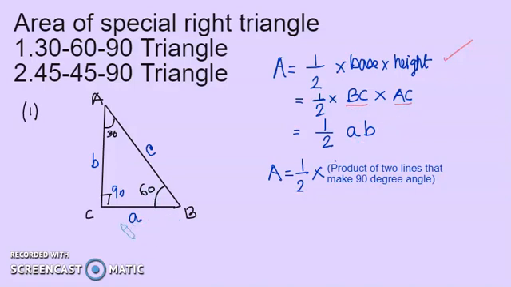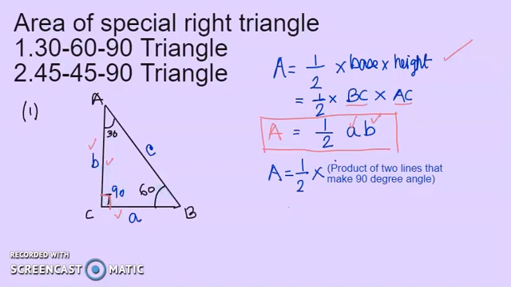Now BC is equal to A and AC is equal to B, as you can see. So area will be half times AB, or in short you can say half times product of two lines that make a 90-degree angle. So two lines AC and BC make an angle of 90 degrees.